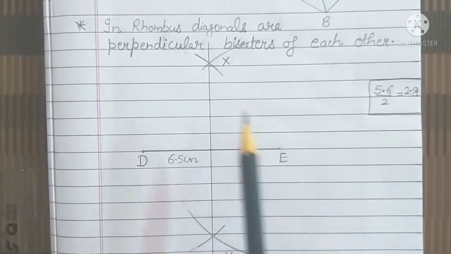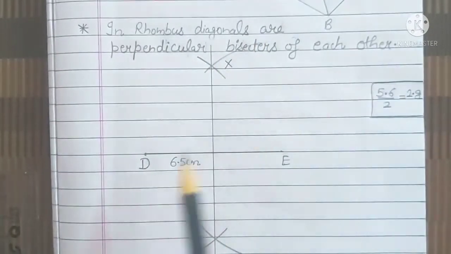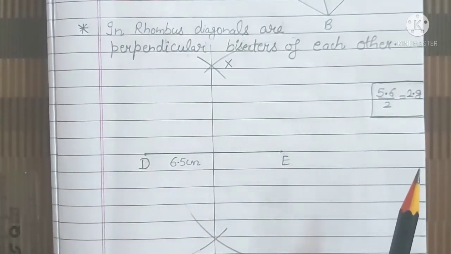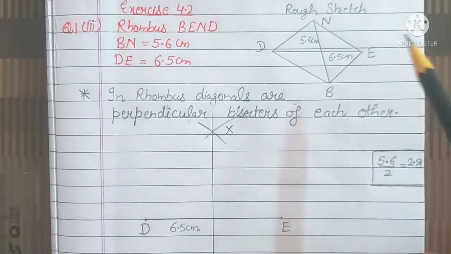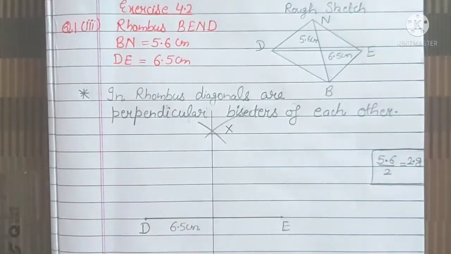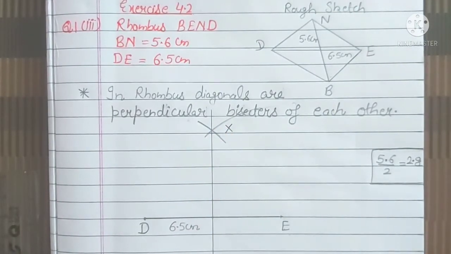Now we know that in rhombus diagonals are perpendicular bisector of each other. Now this diagonal is of 6.5 centimeter and I want another diagonal which should be of length 5.6 centimeter. This line is perpendicular bisector but it should be of 5.6 centimeter.